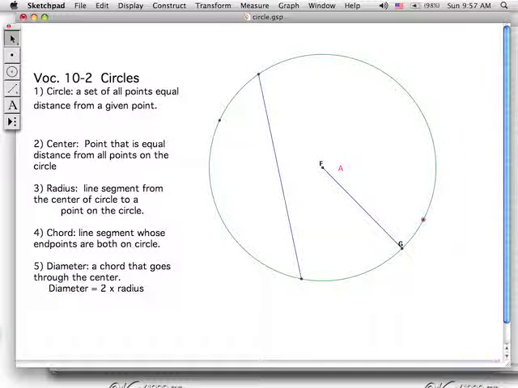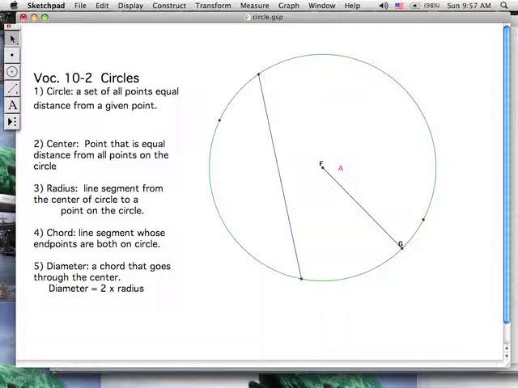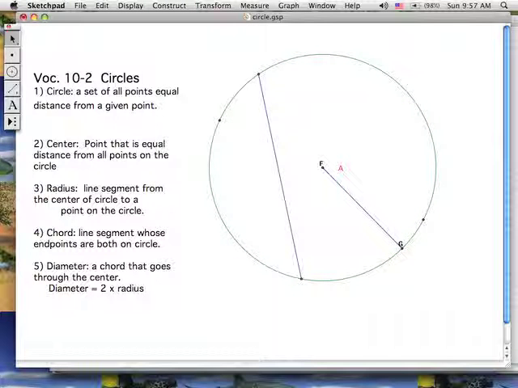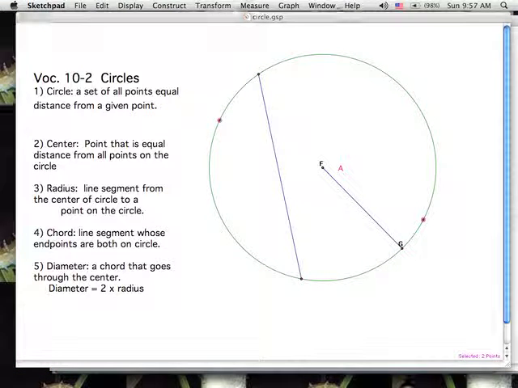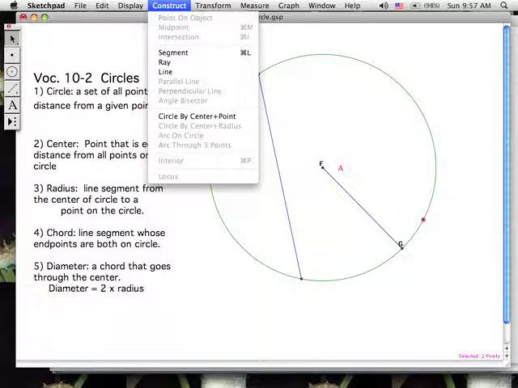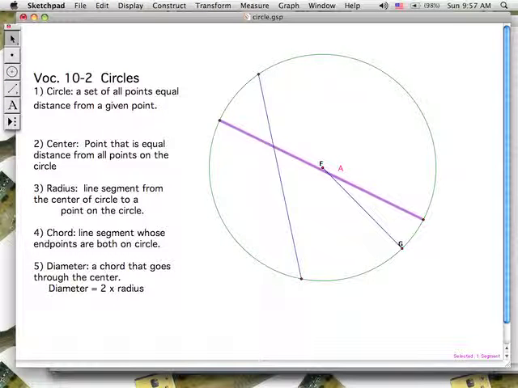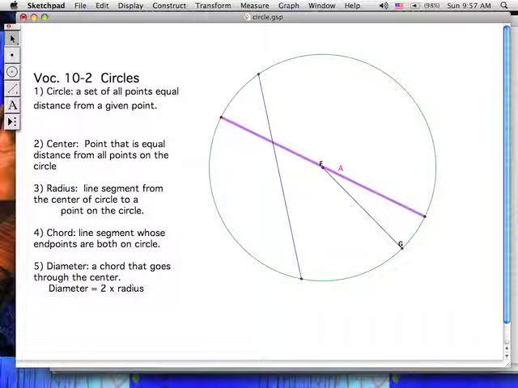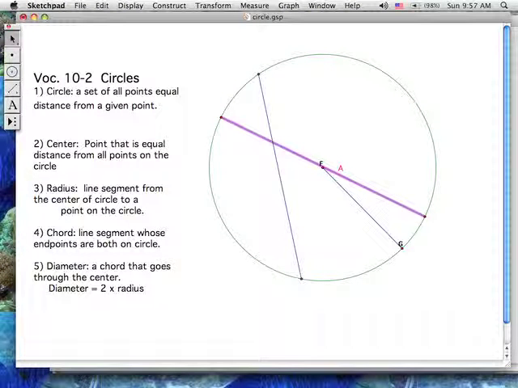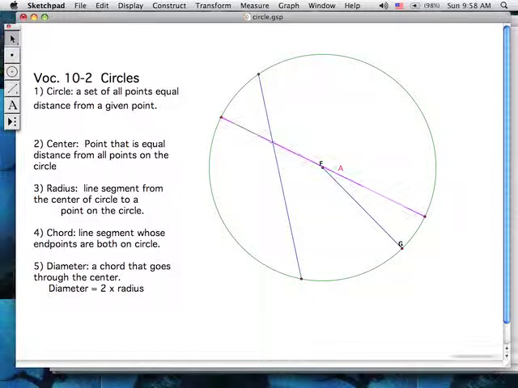And then connect them. Okay, I think I have to deselect again. Take this point and this point, construct a segment. It's almost there. If I move this over here, then that chord is a diameter. And the diameter is always twice the radius. So from here to here is a radius, and from here to here is a radius. So those are the basic definitions of the parts of a circle.